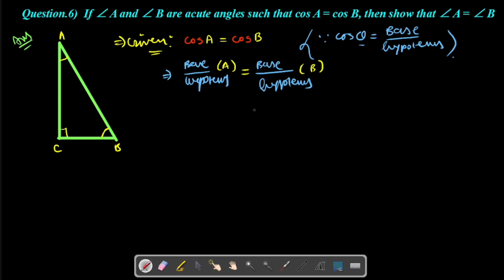The hypotenuse will be the same, but the bases will be different. So what are the bases here?